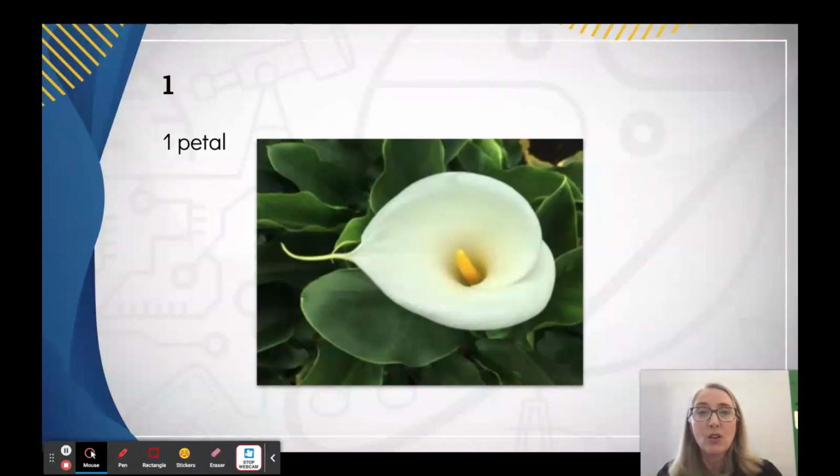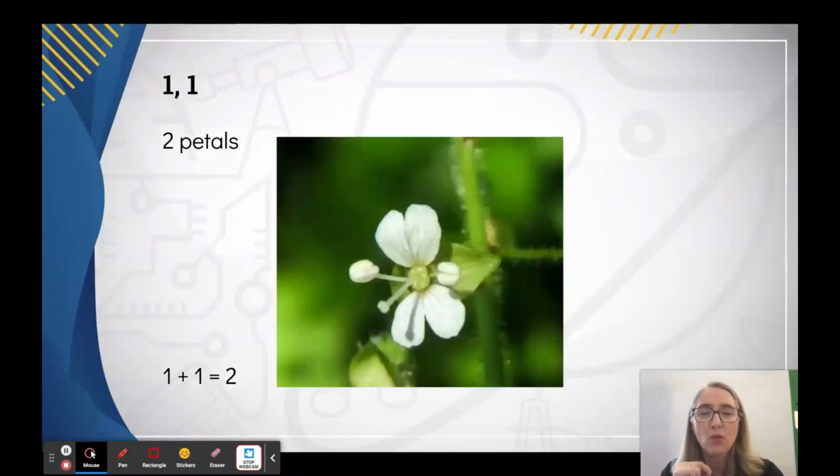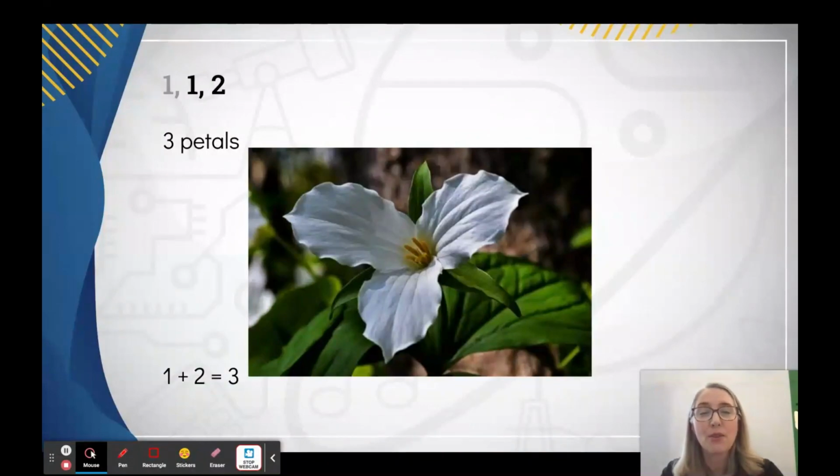So here, sometimes we have one flower petal. This one just goes around in a bit of a spiral, right? But then let's add 1 to 1, and we end up with 2. And so here we only have 2 flower petals on this very unique looking flower. And if we add 2 plus 1, we end up with 3, like this trillium that can be found in the woods with the three petals. 3 plus 2 is 5.